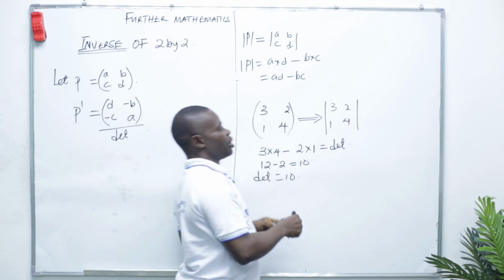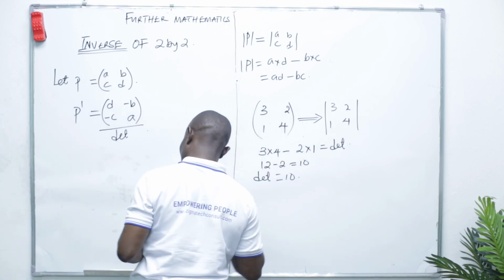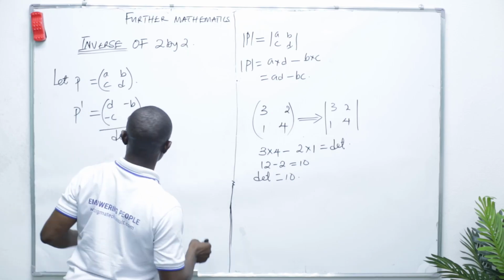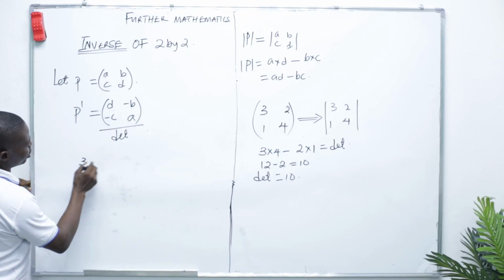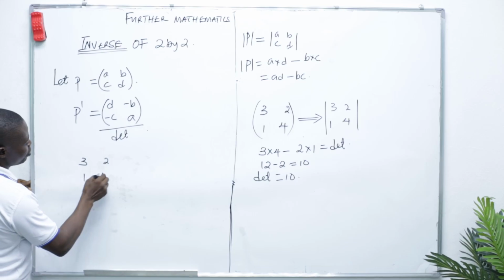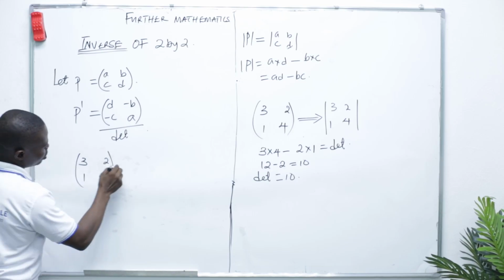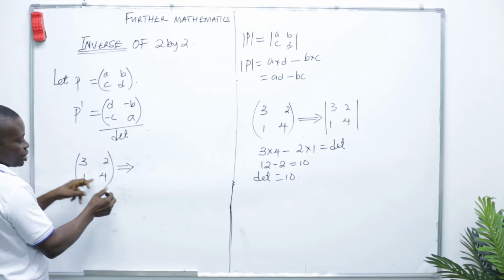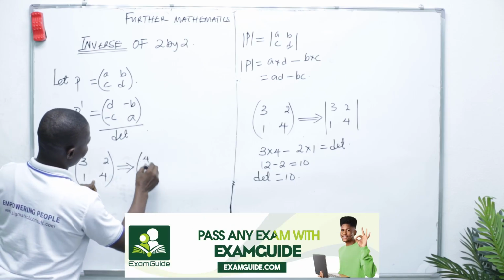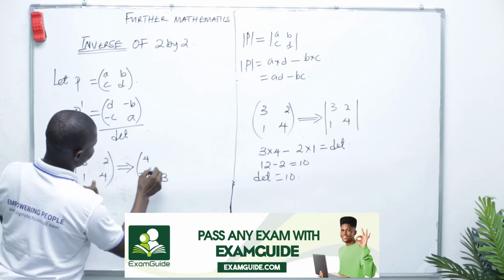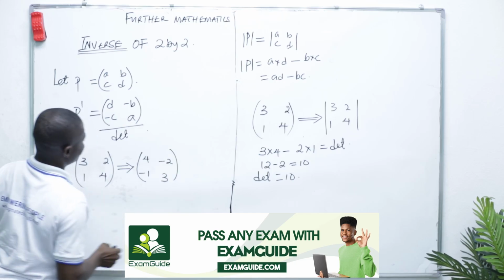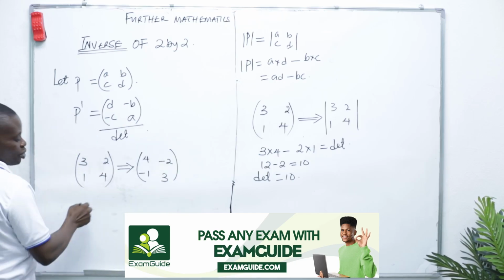So in terms of numbers, we have 3, 2, 1, 4. This implies switching: 4, 3, minus 1, minus 2. Now, we have the determinant already.